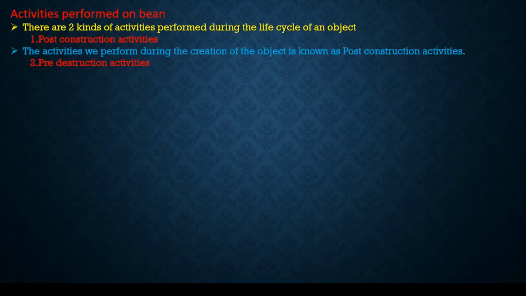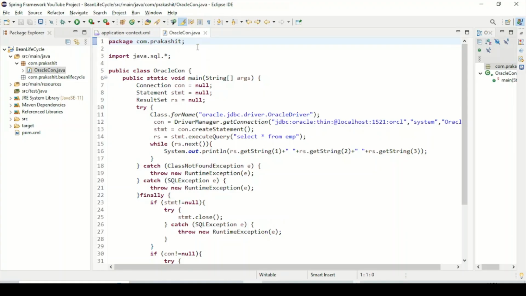Let me come to the pre-destruction activities. Before the object is going to die, some sort of activities we need to perform. Let me go to my IDE, and I will explain what should be the post construction activity and what should be the pre-destruction activity.